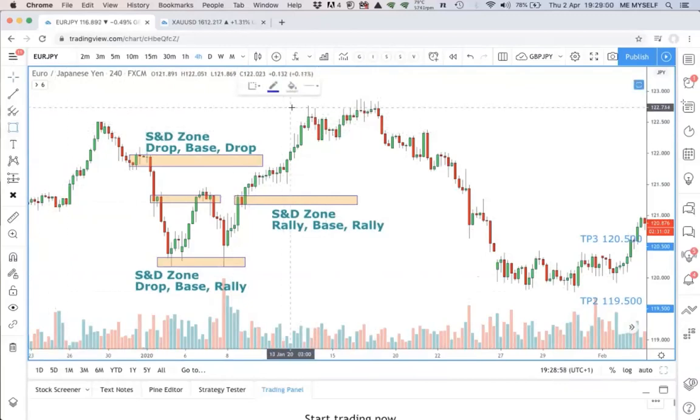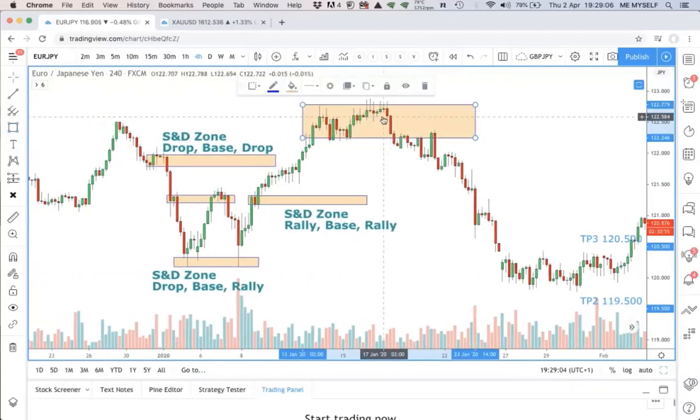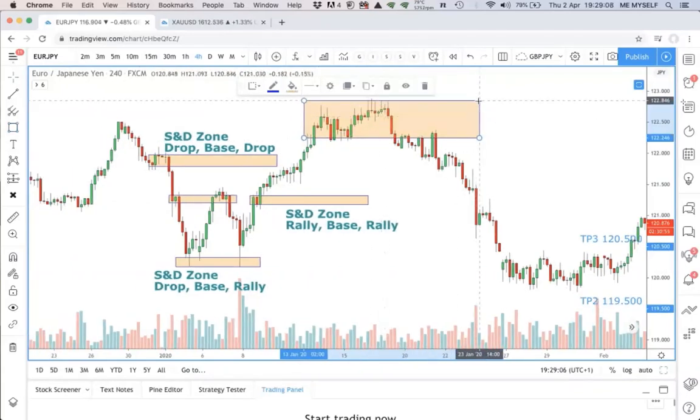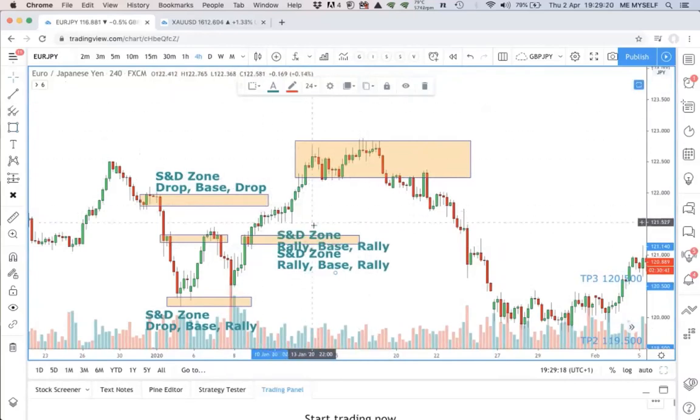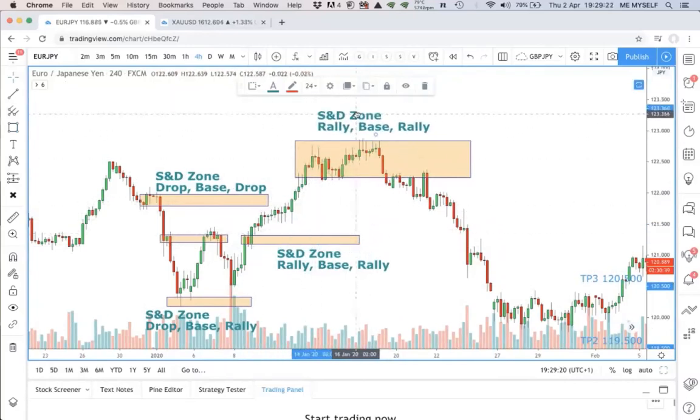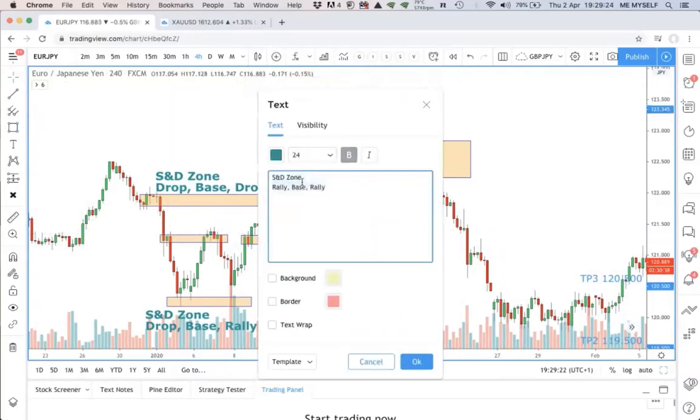So in fact, this whole zone right here is actually your rally base drop supply and demand zone. So we could actually see all four types just in this price movement. Rally base drop.